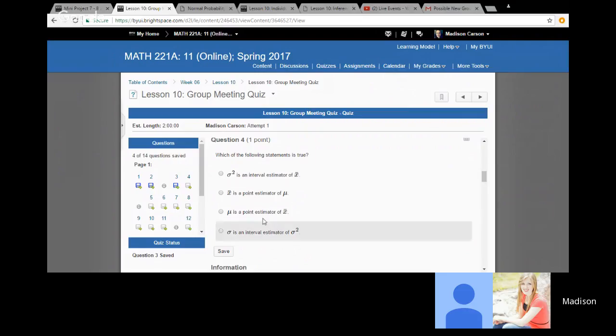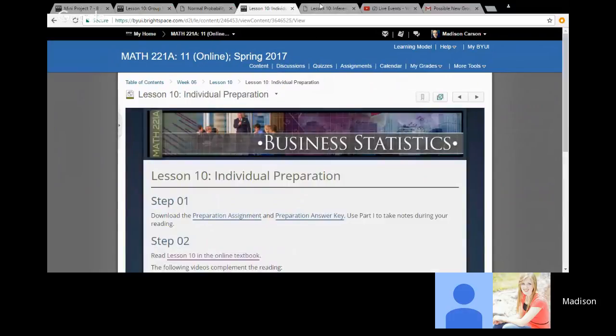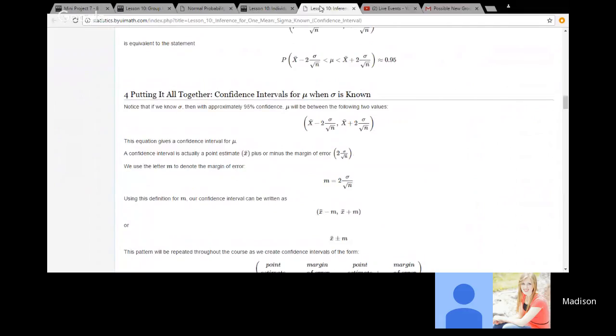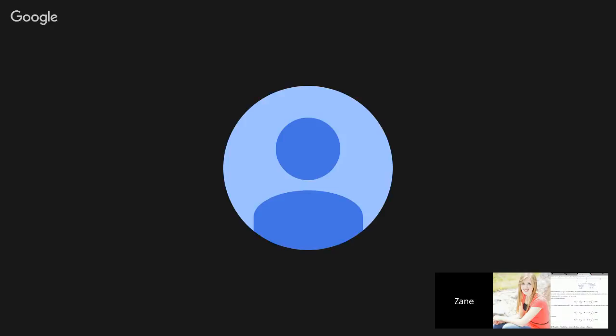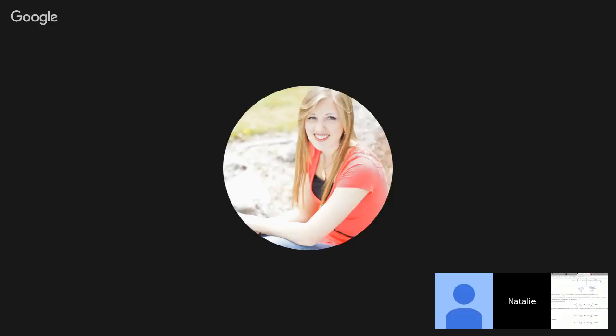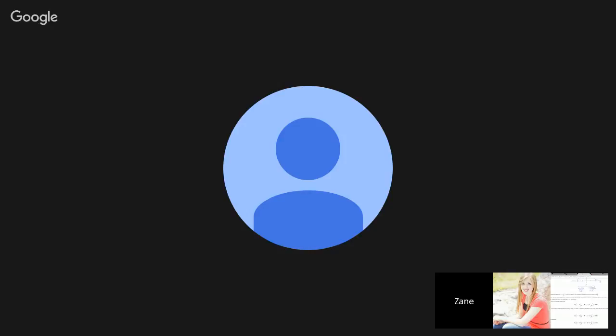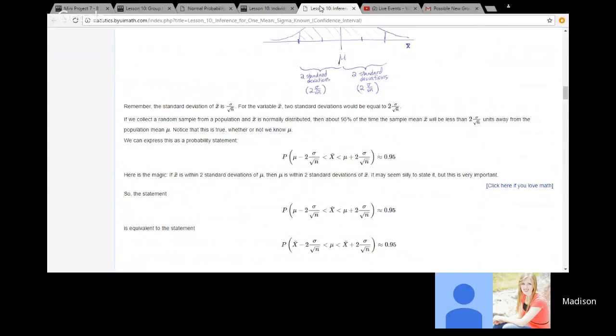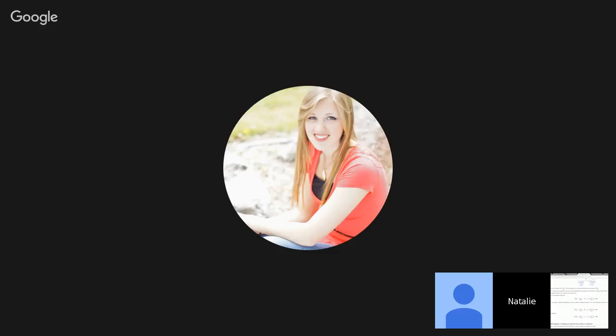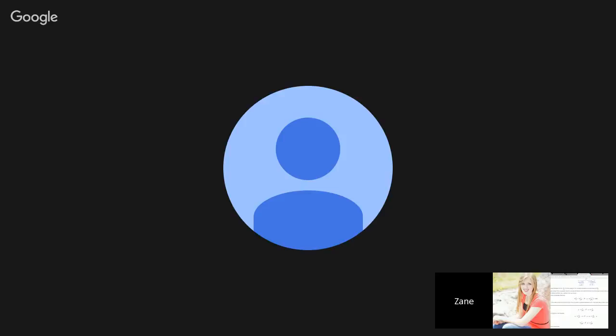Let's see. So, let me see. Here's the magic. If x is within 2 standard deviations of the mean, then the mean is within 2 standard deviations of the x. It may seem silly to state it, but it is very important. So I think you're right. Where the x is a point estimator? Is that right? Yes. Okay.